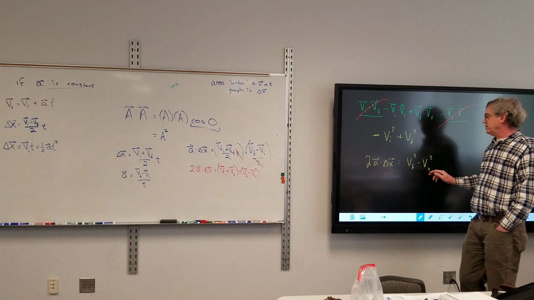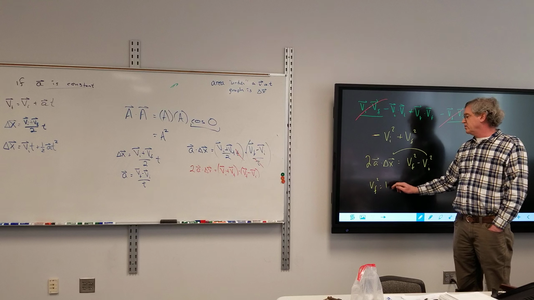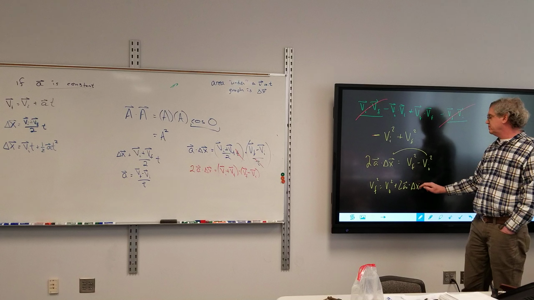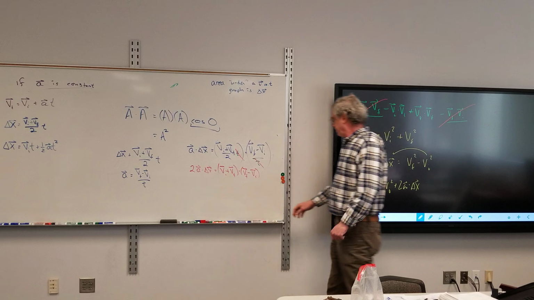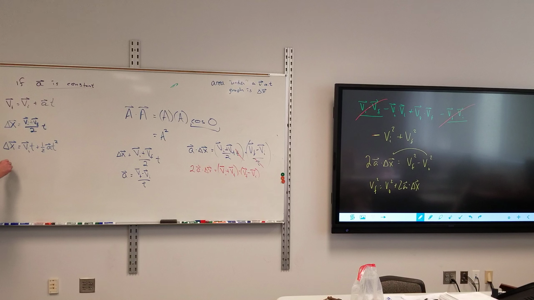Or more traditionally written, we'll add VI squared to the other side, and I have VF squared is equal to VI squared plus 2a dot delta x. And we now have our fourth one. What's that?